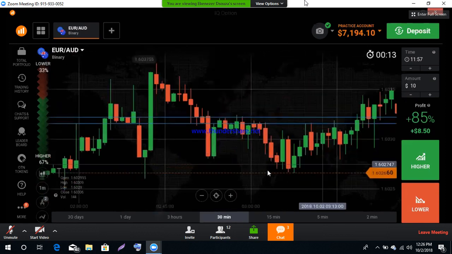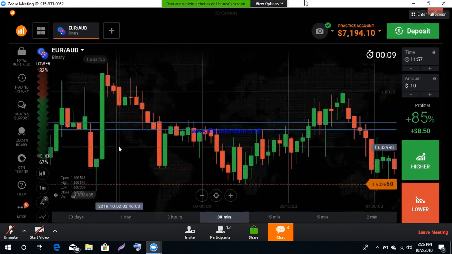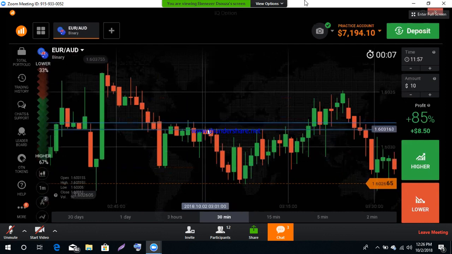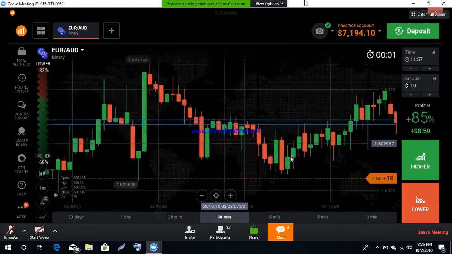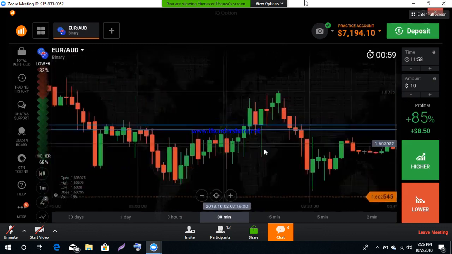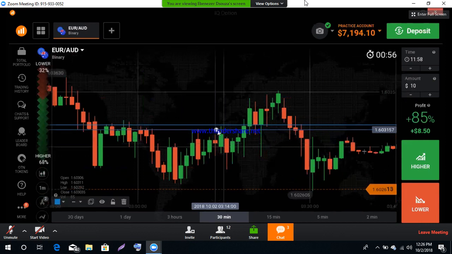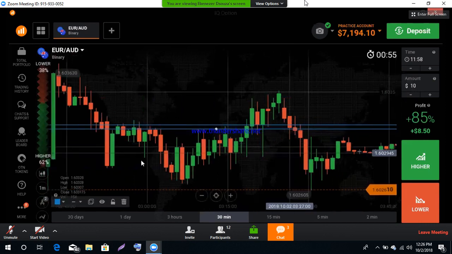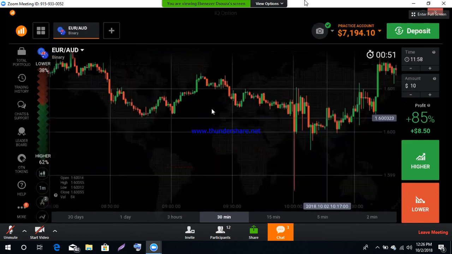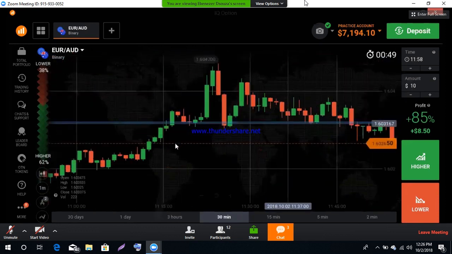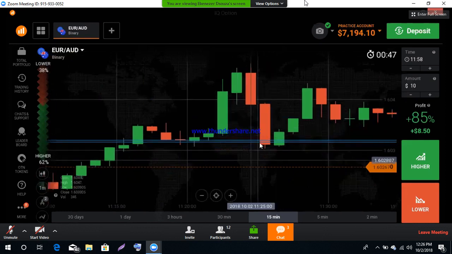So we can adjust the level according to the market. This breakout, it reversed.